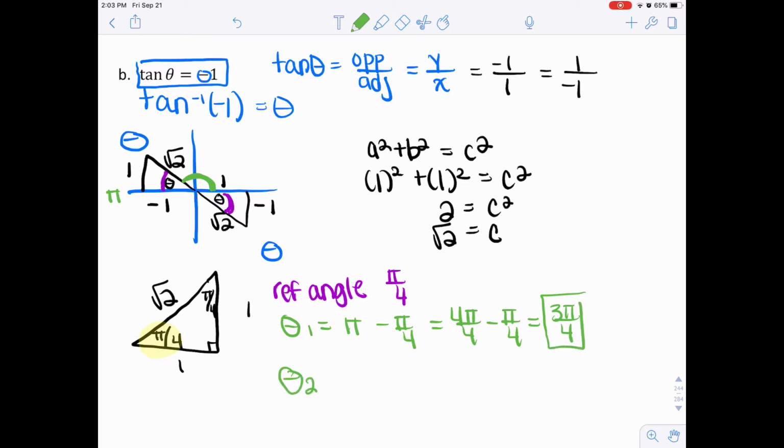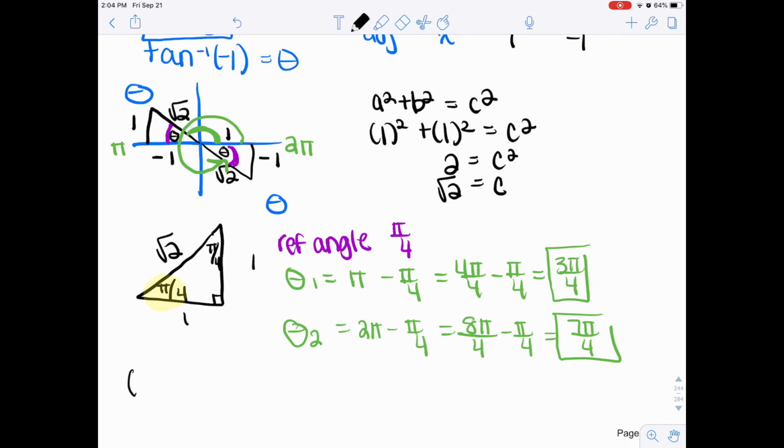And to find the measure of the angle in quadrant 4, we can do 2 pi minus pi over 4, which is 7 pi over 4. These angles are both solutions to the original trig equation, and they fall on the interval between 0 and 2 pi. Now to find all solutions.